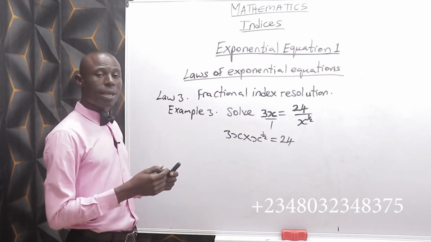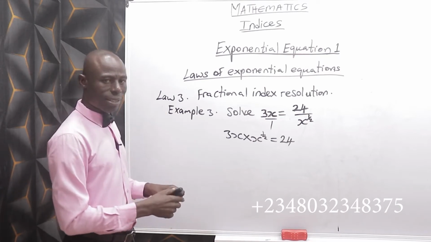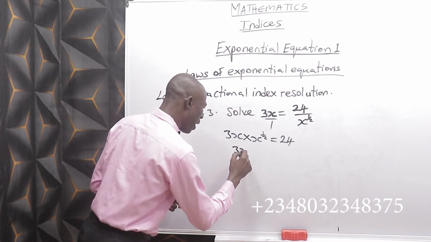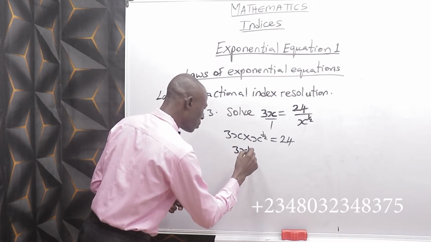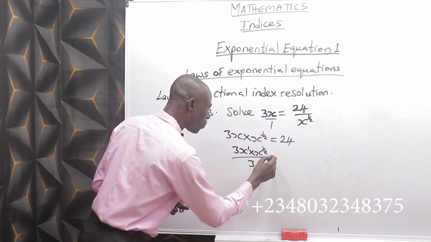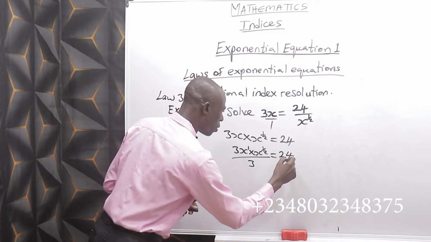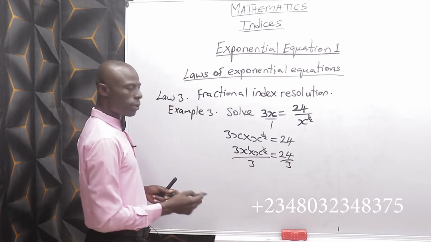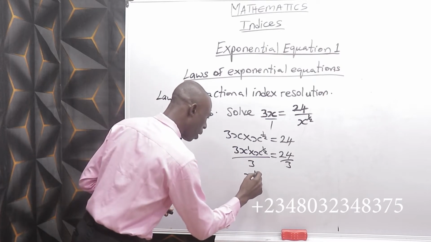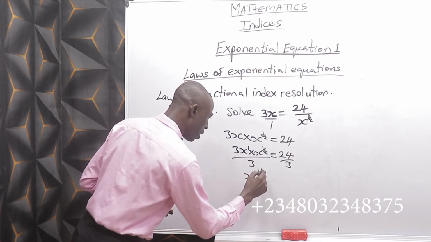You can see that 3 can go on both sides. So this will be 3x raised to power 1 times x raised to power half divided by 3 equals 24 divided by 3. 3 will cancel 3 here, but you have x raised to power 1 plus half.